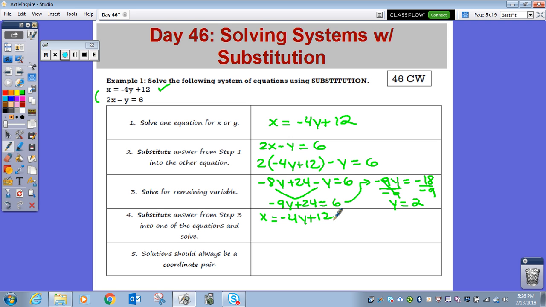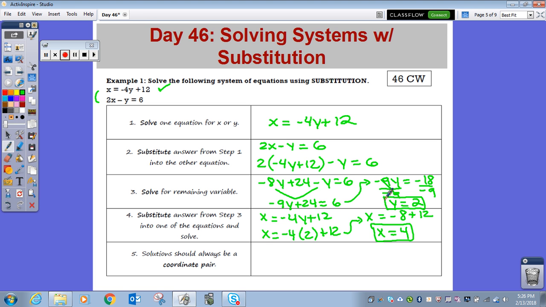Now I know y is 2, so I replace y with 2. I have x equals negative 8 plus 12, and so x is equal to 4. I'm going to box my x and my y, but I'm not quite finished yet.